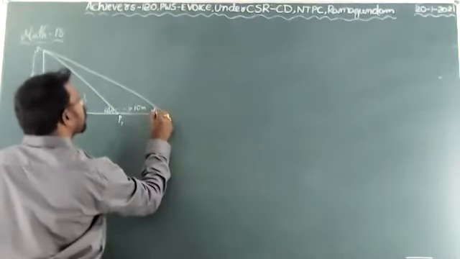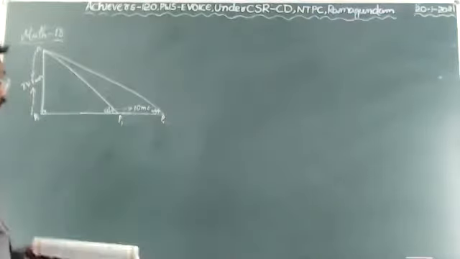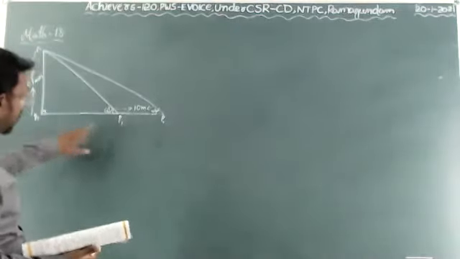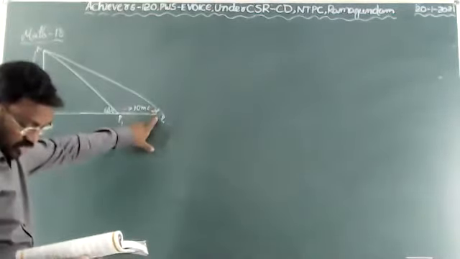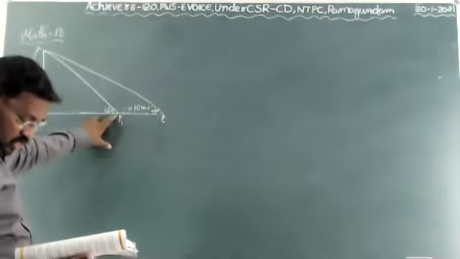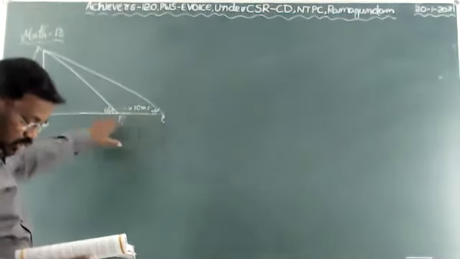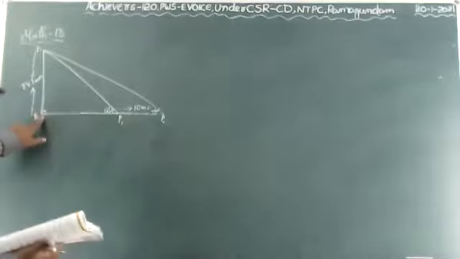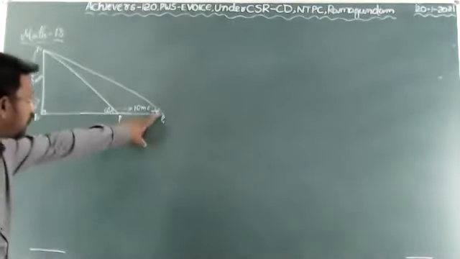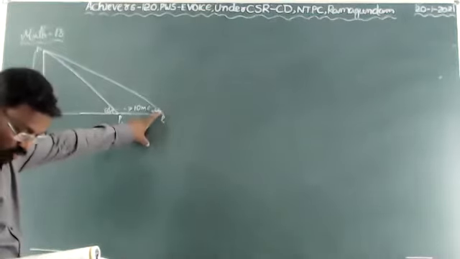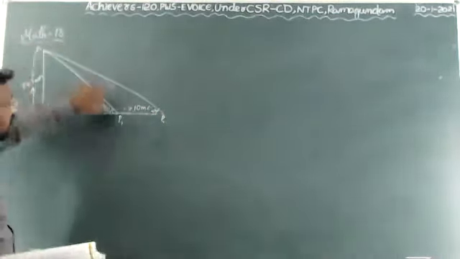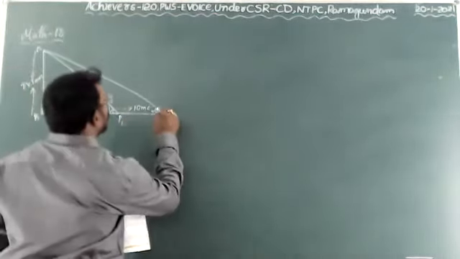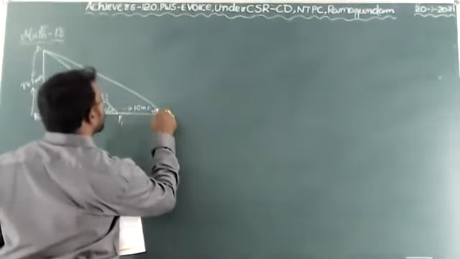Once again, from another point 10 meters away from this point, on the line joining the point to the foot of the tower, the angle of elevation of the top of the tower is 30 degrees. Find the height of the tower and also the width of the road.